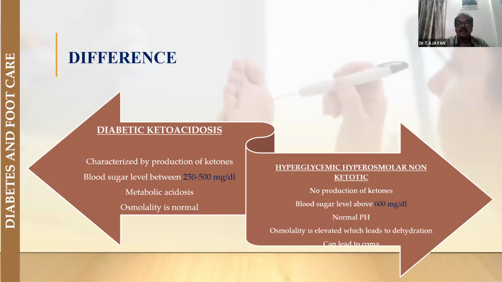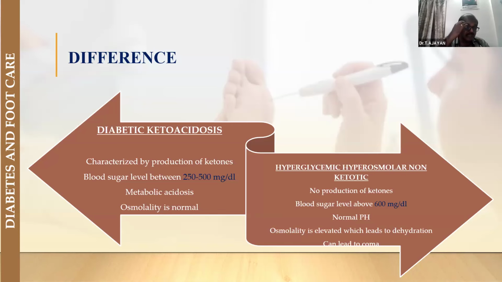But in hyperglycemic hyperosmolar non-ketotic syndrome, there is no production of ketone bodies, the blood sugar level is above 600 milligram per deciliter with a normal pH, but osmolality is elevated, which leads to dehydration. The dehydration finally leads to coma and seizure. These are the acute complications.